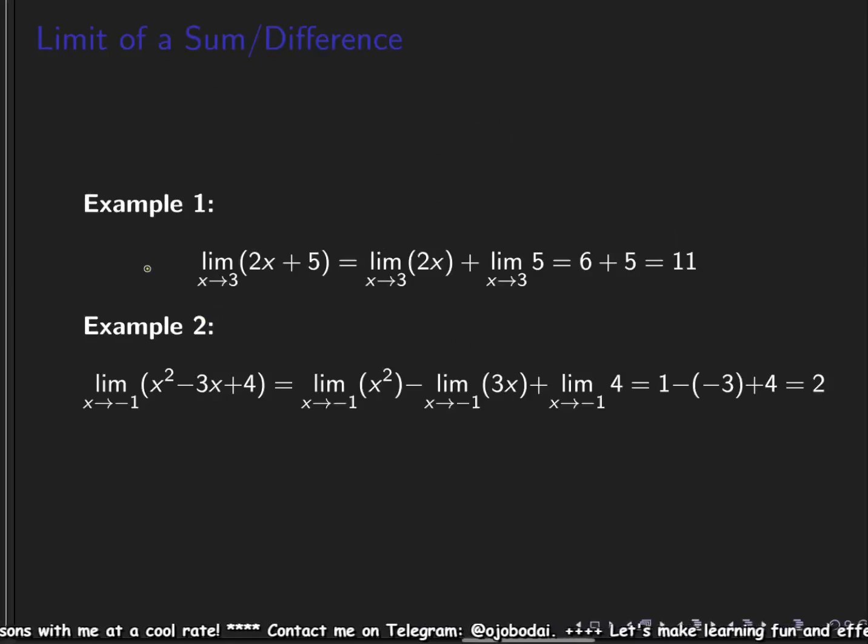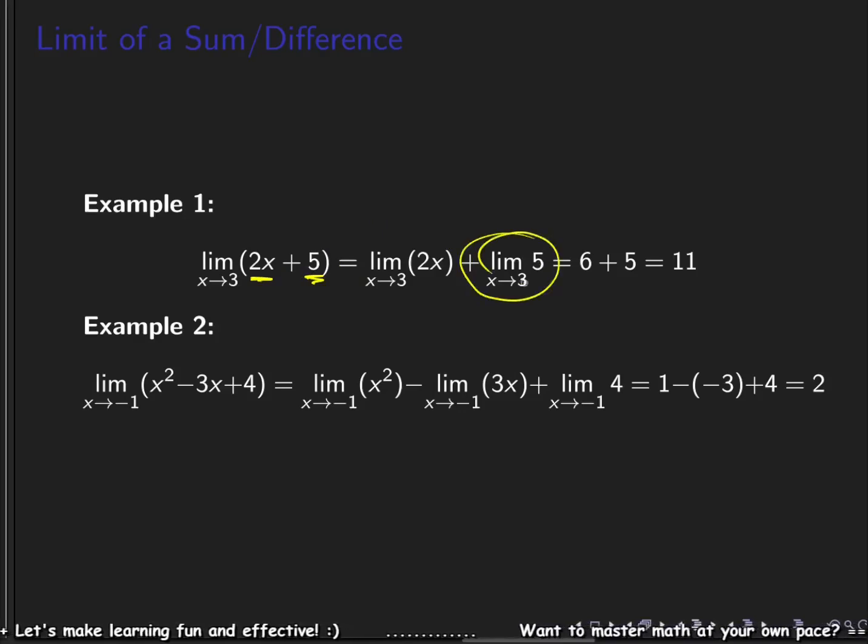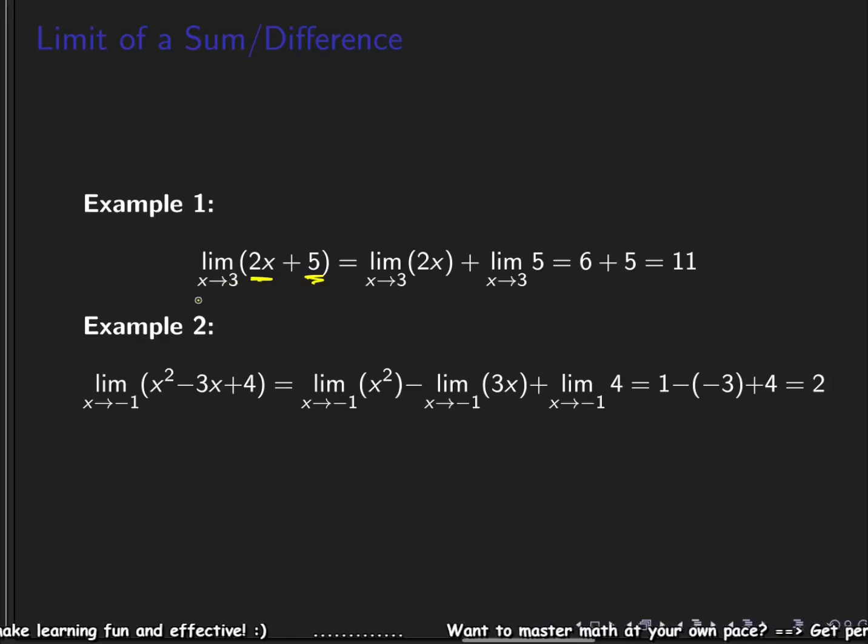As we can see over here, in example 1, we want the limit of 2x plus 5 as x approaches 3. So 2x on its own is a term and 5 is also a term on its own. Now, removing the bracket, we can find the limit of 2x only plus, because of this plus we have over here, then the limit of 5 only, with the same x approaching 3 on both of them.